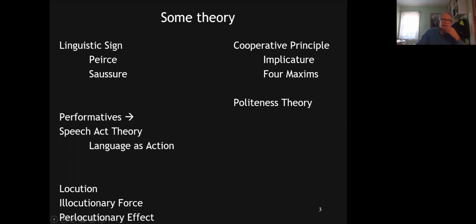And then I talked about the idea that there's just the basic semantics of an utterance, the locution, but then there's an illocutionary force in it. When somebody produces a speech act, they have a particular intention, a particular force behind it. They intend this action to occur in a particular way. But that doesn't always happen.